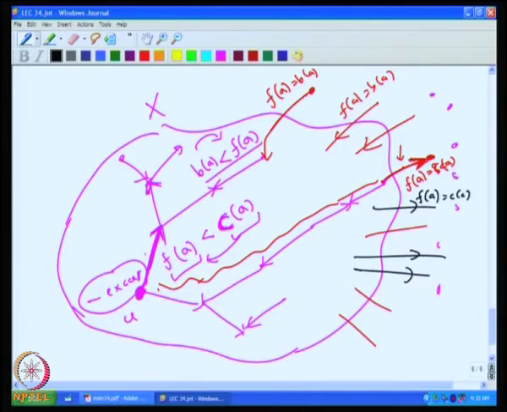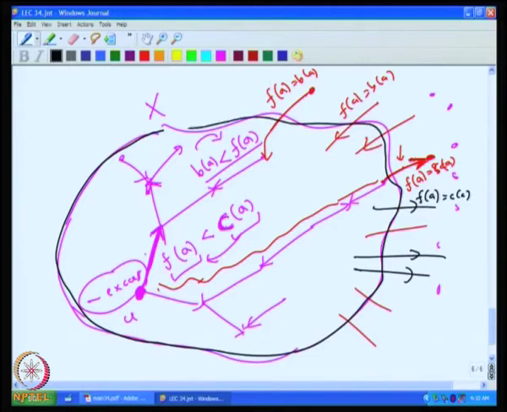Now, as we know, if you sum up the excesses over all these vertices inside x, that means the sum of the function values on the outgoing arcs minus the sum of the function values on the incoming arcs, what will we get? As we have seen, the edges which have both endpoints inside x will not contribute to this sum, because for one vertex it will contribute to the positive term, and for the other vertex it will contribute to the negative term.